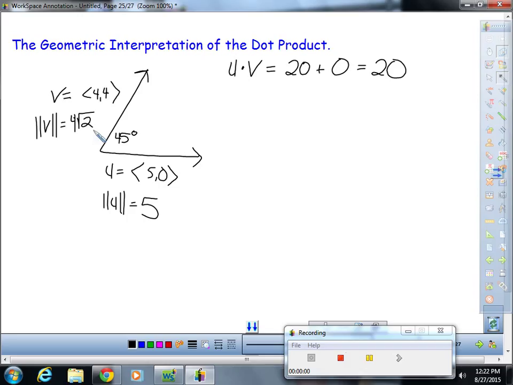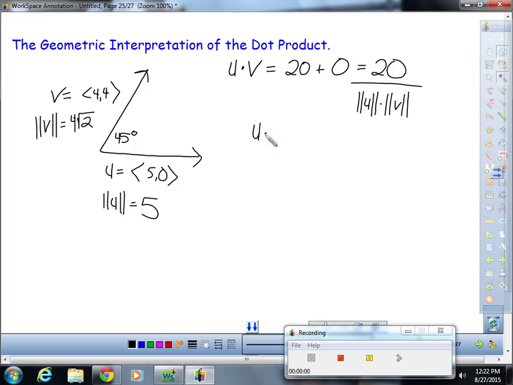Okay, now, check this out. If we were to take the dot product and divide it by the magnitude of u times the magnitude of v, let's just see what that would be.